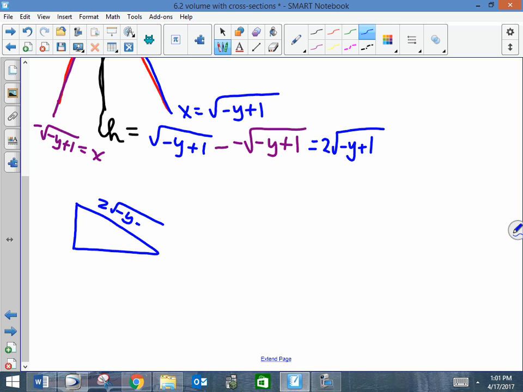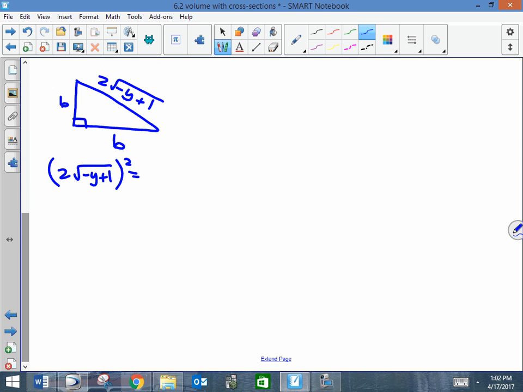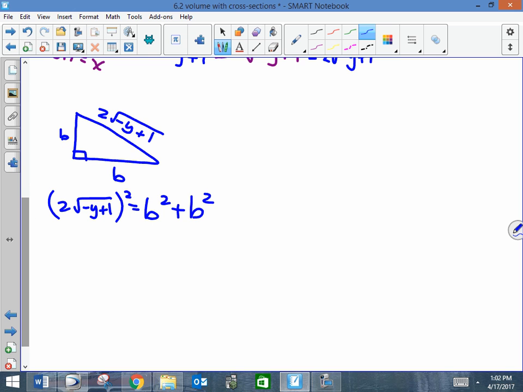So 2 radical negative y plus 1, squared, equals B squared plus B squared. Very good, Emma. Pythagorean theorem. You could also do the 45-45 bit if you remember it.